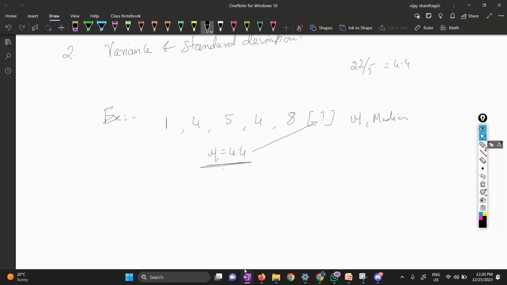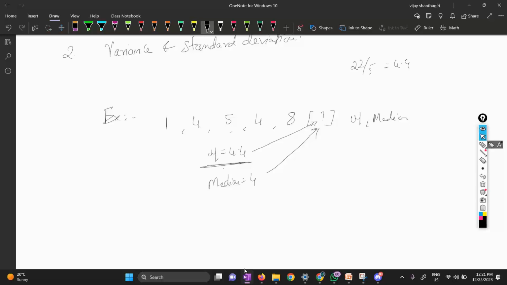Then when you take the median of it, you sort it: 1, 4, 4, 5, 8, then you get 4. So when you see median is 4 and mean is 4.4, you have more confidence in saying roughly about 4 or 5. But this is just about the central value.